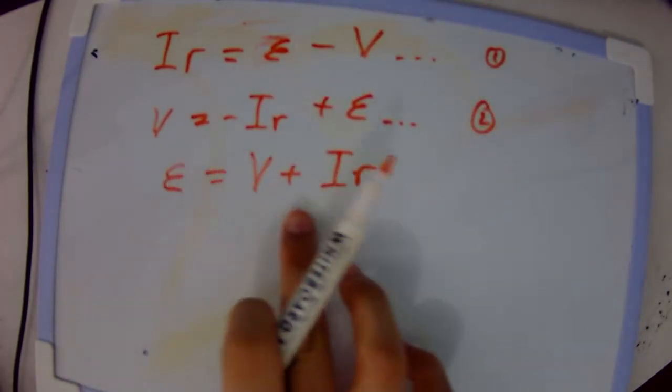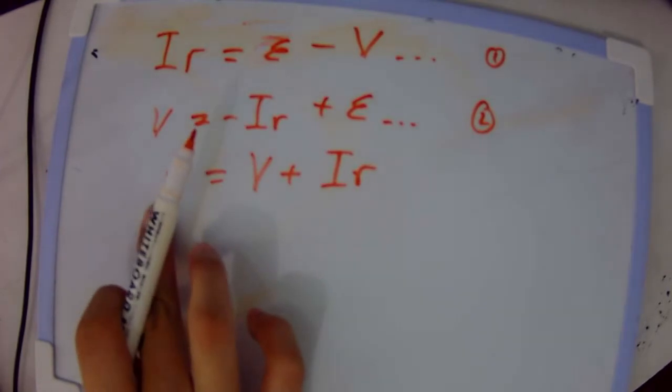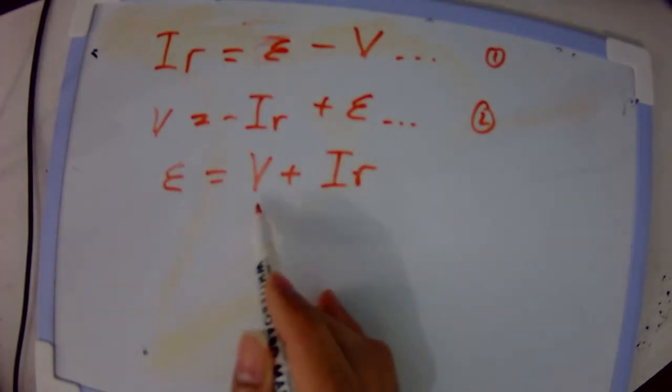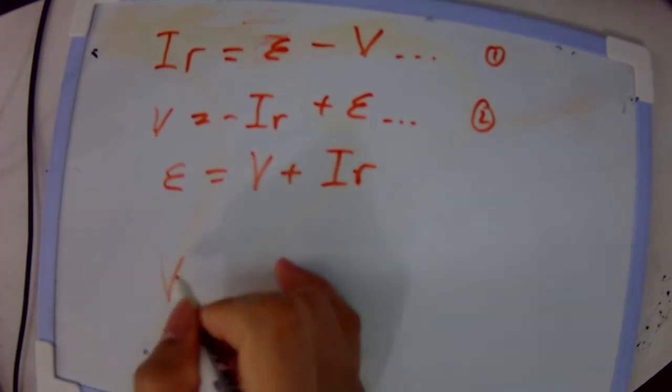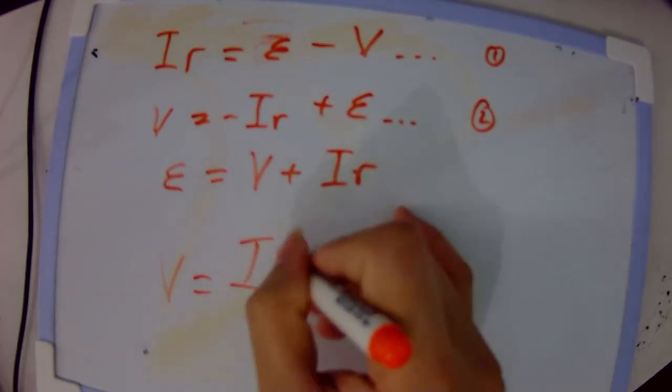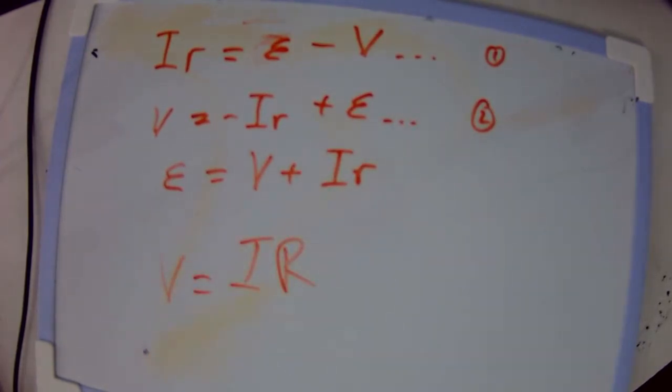And you can also use this one. Now, here, what we can do, we could also substitute V. Remember what we learned before? V equals what? V equals IR. So that's something that we learned in Form 2. So we could substitute V for IR. So you would get this formula.